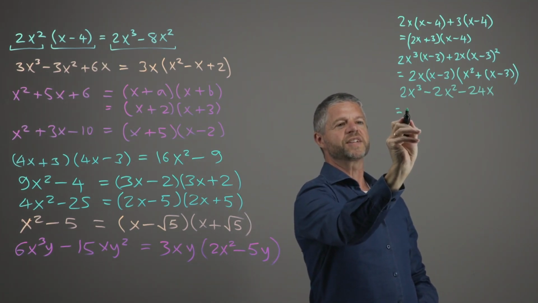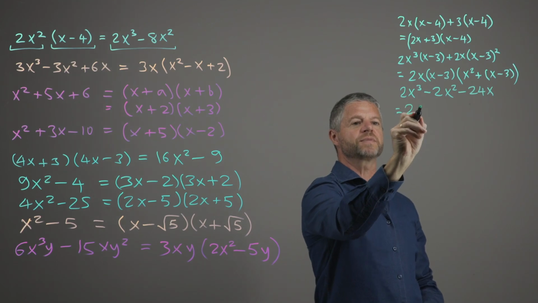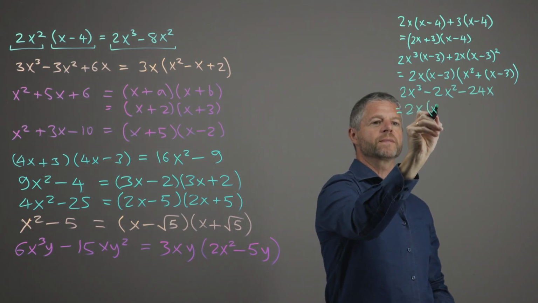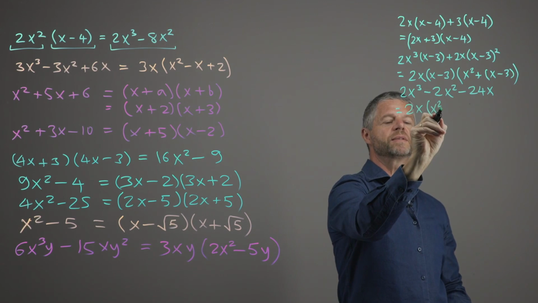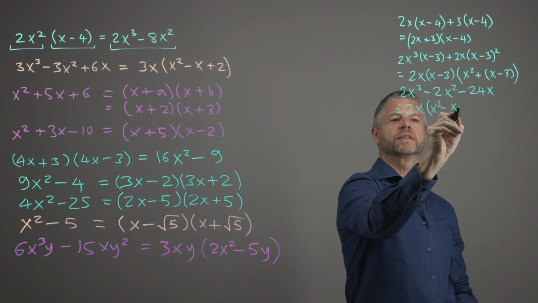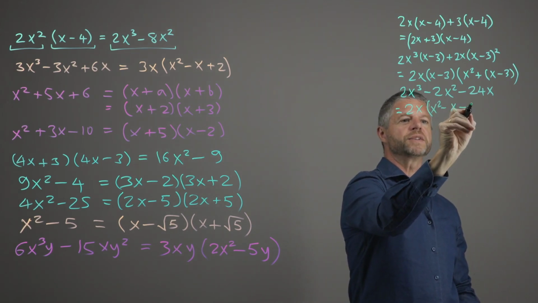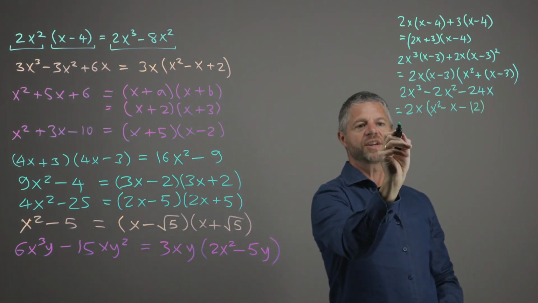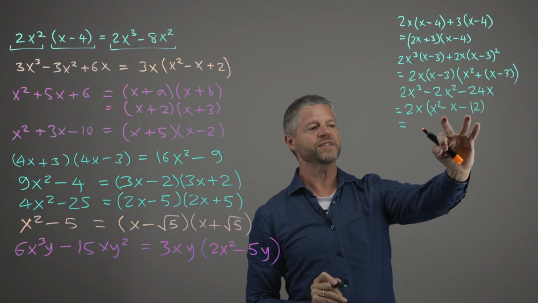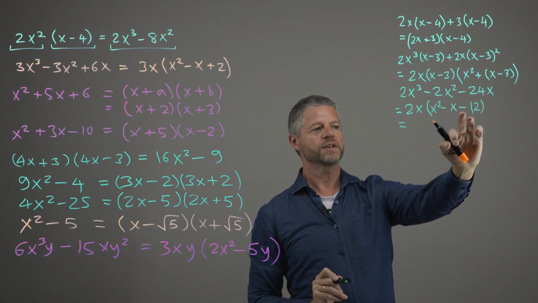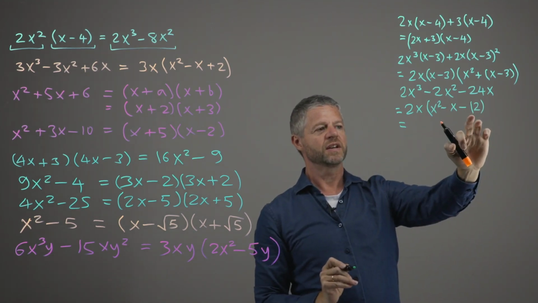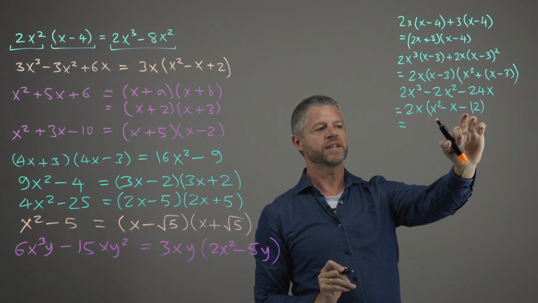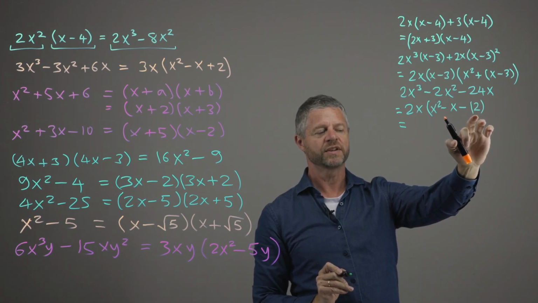So a common factor here would be 2x. And then we'll have x squared minus x minus 12. And then I can actually go one more step with this one, because I can factor this, because I need two numbers that multiply to give me minus 12.